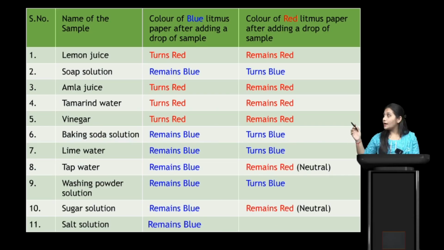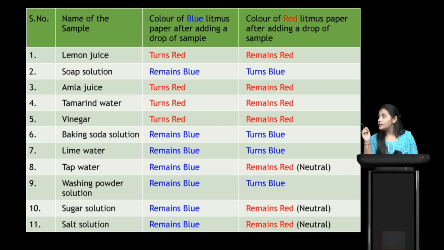The third column is the color of blue litmus paper after adding a drop of sample, meaning in the first case we have used the blue litmus paper, and what observation we have by dipping the paper in the different solutions. And the last column is for the color of red litmus paper after adding a drop of sample, meaning in the second case we have used the red litmus paper in different solutions, and what observations we have observed. Okay, so let's see. The first one is lemon juice.